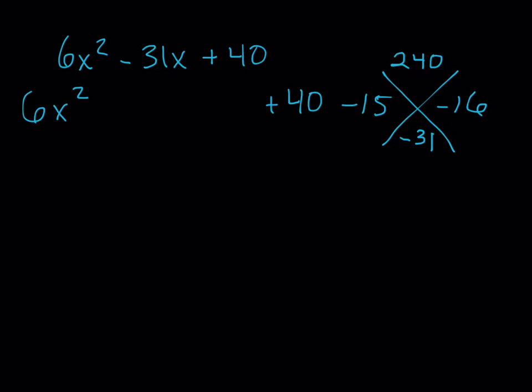And in the middle, instead of negative 31x, I'm going to write that as negative 15x minus 16x. And can you see that I haven't really changed the problem? That still equals negative 31x. But what I'm doing is sort of like a reverse FOIL, so I'm uncombining the like terms.